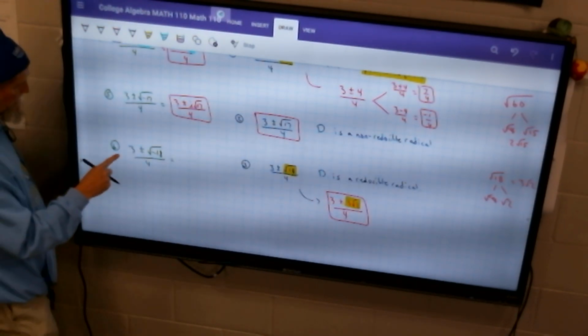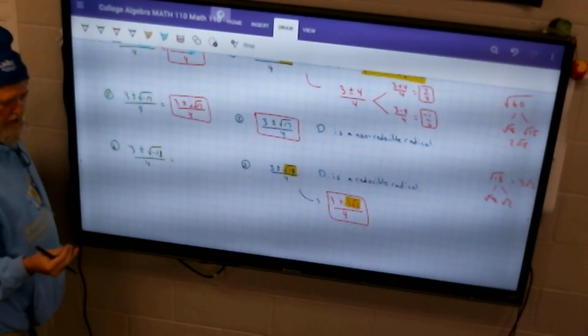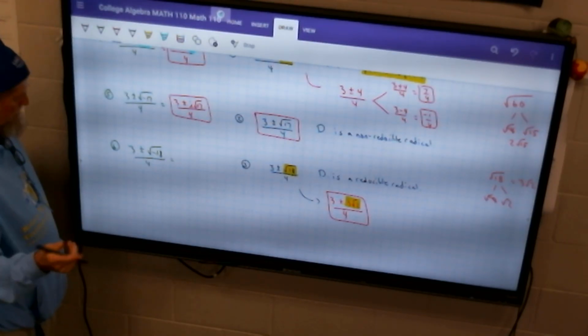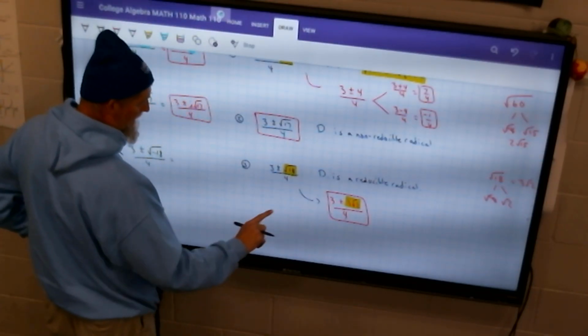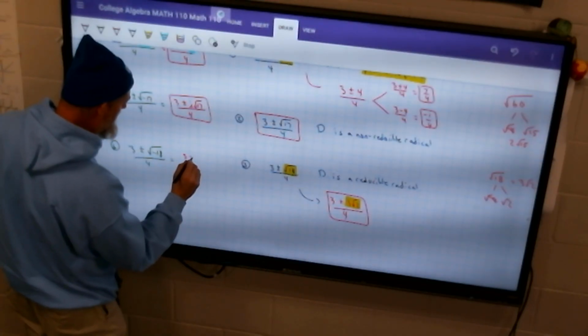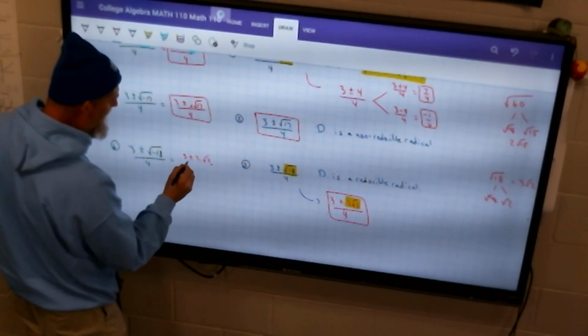So what's the difference between the negative 18 and the positive 18? Exactly right. And where am I going to put the i? I'm going to put it right between the 3 and the radical. I'm going to go 3 plus or minus 3i out front, radical 2 over 4.